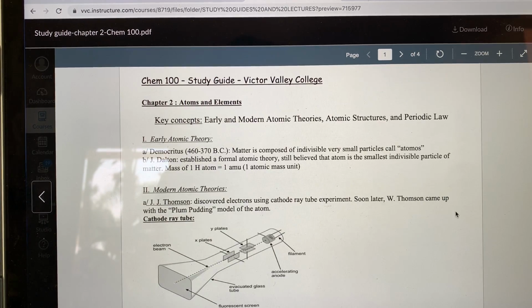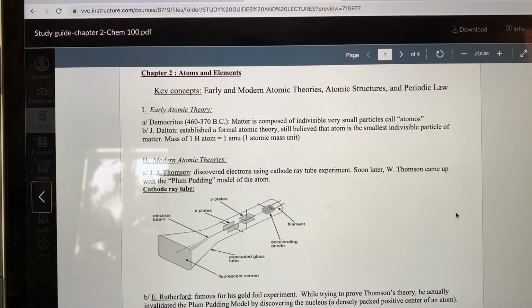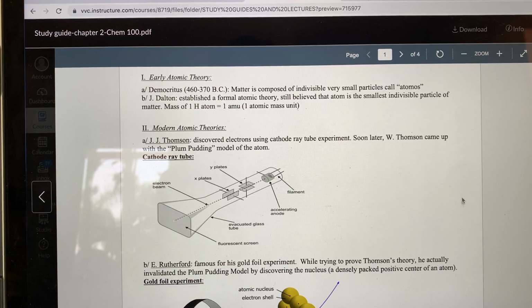Okay, and then later we have a few famous experiments. One of them is the cathode ray tube experiment, in which Thomson discovered a beam of particles known as electrons.